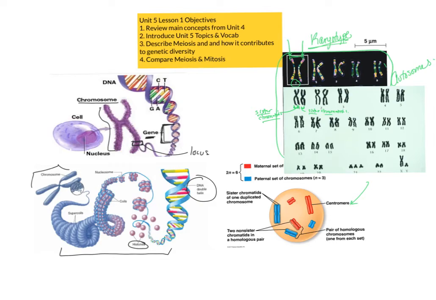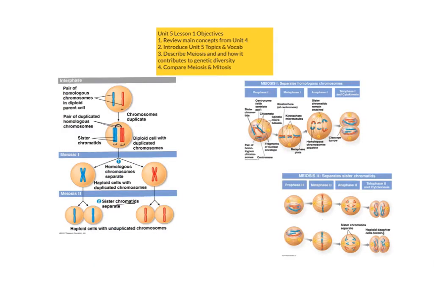Okay, so now that we've got those terms down, let's start to talk a little bit about meiosis. Okay, so on this slide here, on the left-hand side, this is a really good summary of the process of meiosis. So what we need to know is that meiosis, its major function is to produce gametes, which again are reproductive cells like sperm and egg cells.